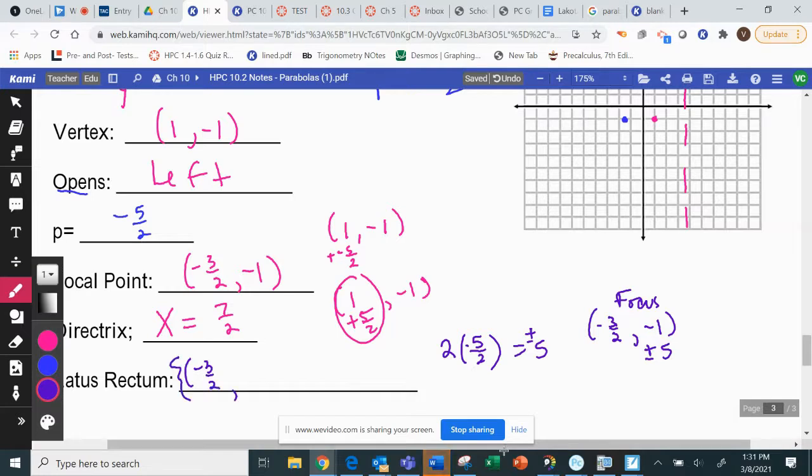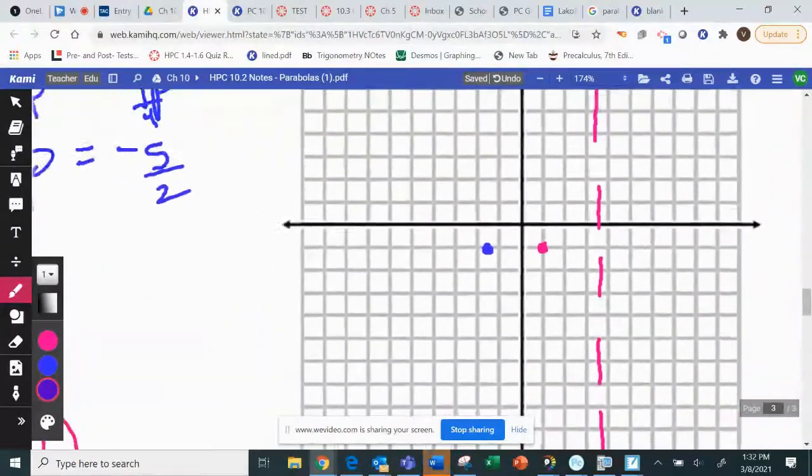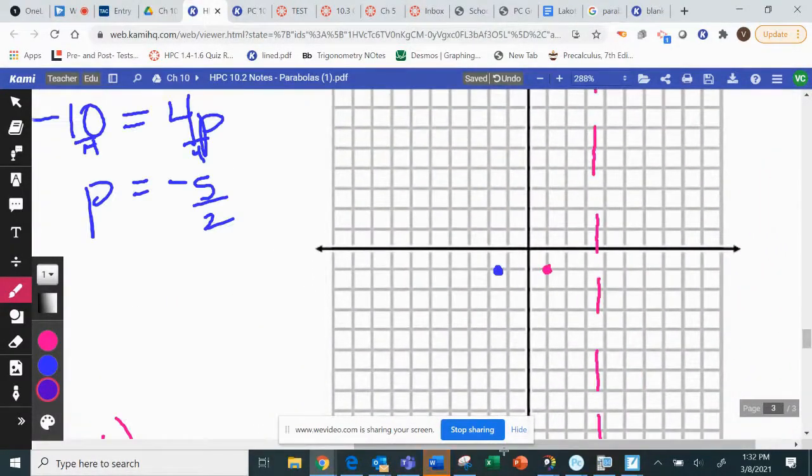So I get -3/2, -6, and -3/2, 4. Or, like I said earlier, you can just go to your graph and count. 1, 2, 3, 4, 5. 1, 2, 3, 4, 5.